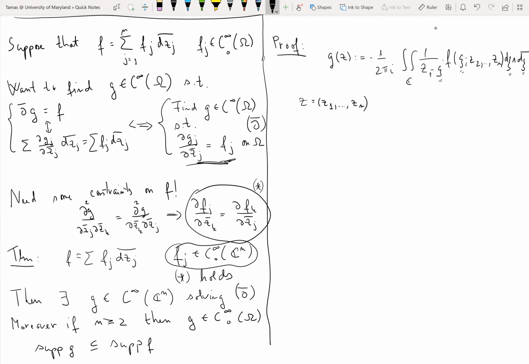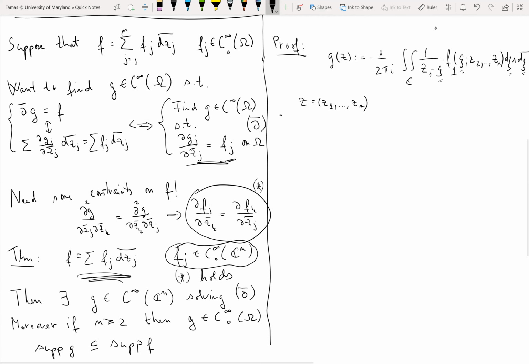It's interesting to show that G of z actually solves Delbar. Sorry, and not F here, I just mean F1. So you just integrate the first coordinate function of your complex valued one form, and that miraculously will give you a solution of Delbar.